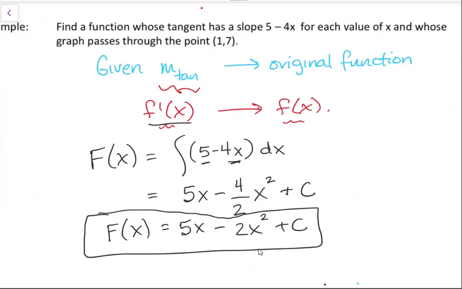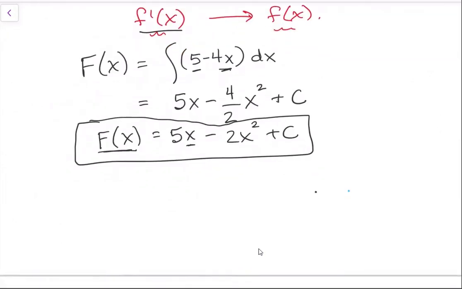Remember, you should always be given enough information in the problem to find that. You should be given, or be able to find, a point to plug in, an x value and a y value. In this problem, that's provided in the form of a point. So back into our function, we're going to replace that information.